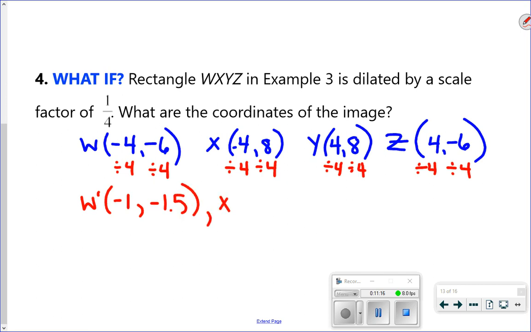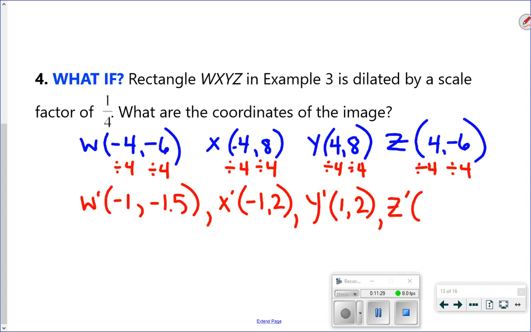For my copy of X, looks like that would be at negative 1, 2. For my copy of Y, that would be at 1, 2. And for my copy of Z, that's going to be at 1, negative 1 and a half. I took each of my original ones and then I divided it by 4 since I have a scale factor of 1/4. I could have multiplied by 1/4. It would have done the same thing.